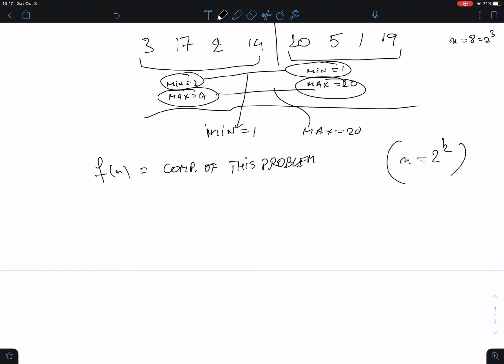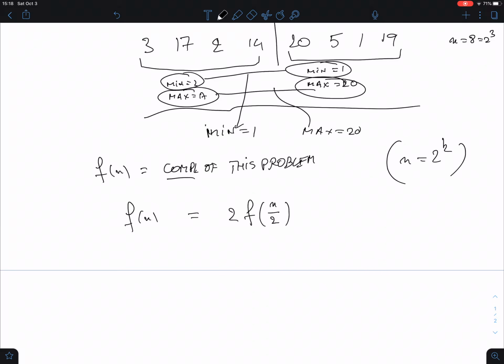How does it work? We divide the list into two lists of size half. There are 2 of them, and what I put here is the size of the list that I'm going to reduce it to after my division. After I divide the problem, I have problems of this size. How many? I have 1, 2 problems. We'll see examples where we have more.